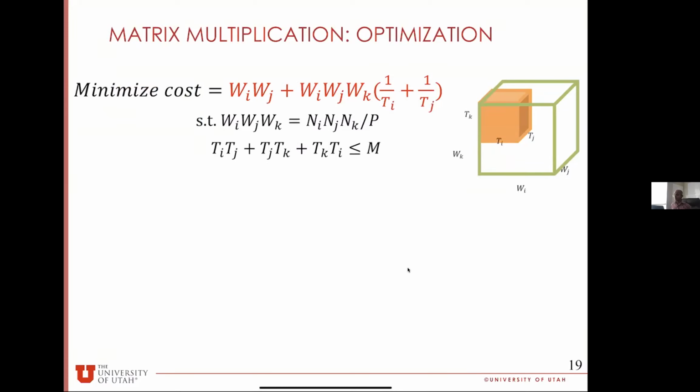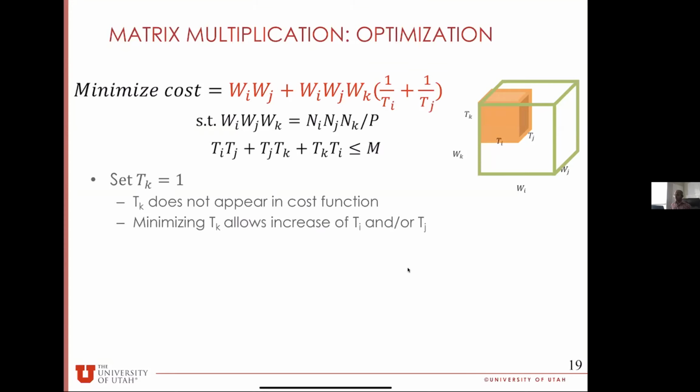So here, this is the cost function from the previous slide that we want to minimize. As a first step, we can eliminate one of the variables from the optimization problem by realizing that Tk, which only appears in the memory constraint, does not appear at all in the cost function to be minimized.